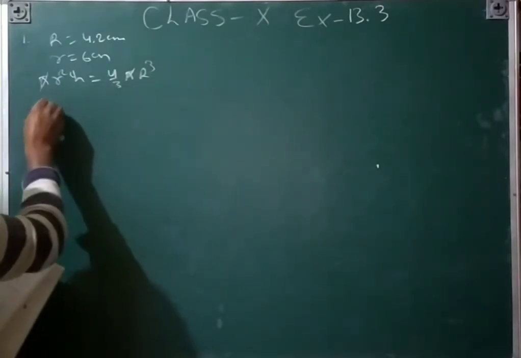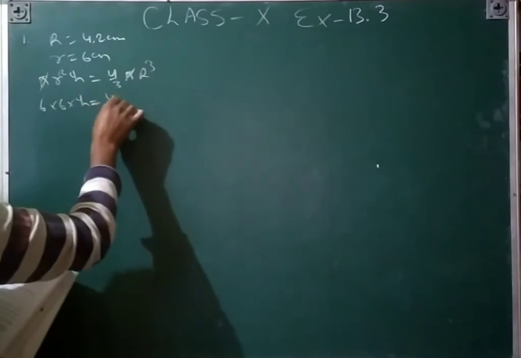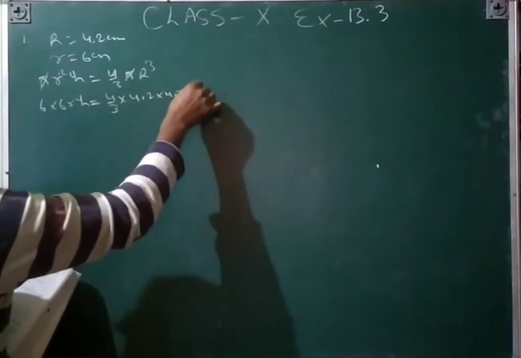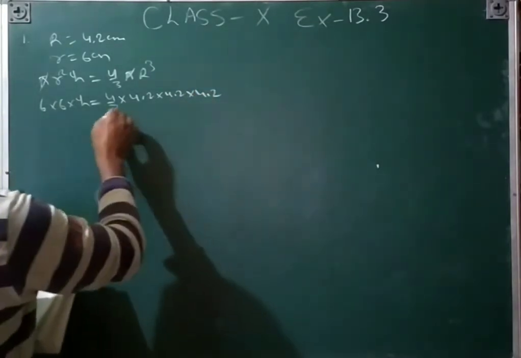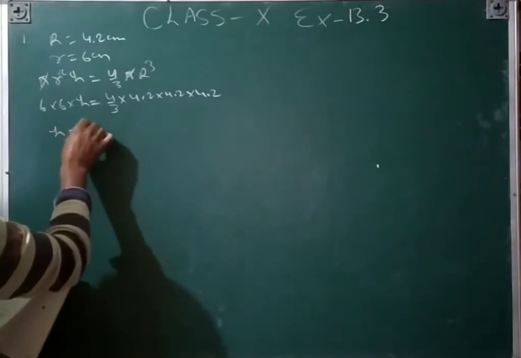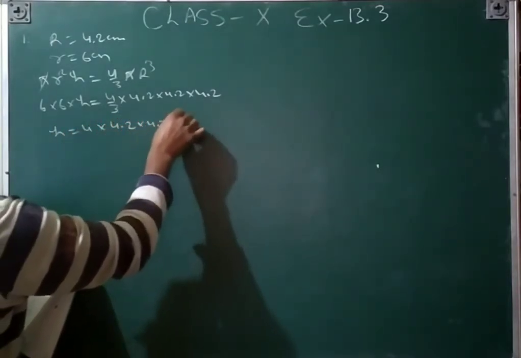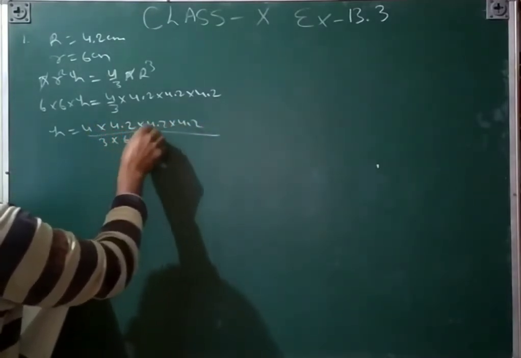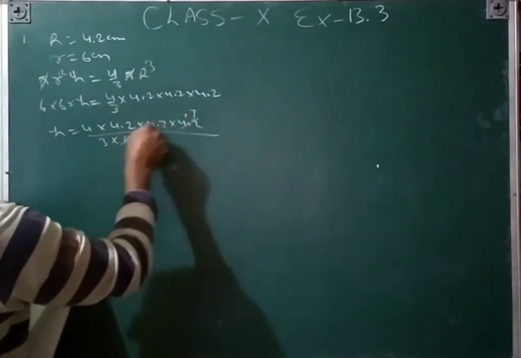So 6 into 6 into h is equal to 4 upon 3 into 4.2 into 4.2 into 4.2. So h is equal to 4 into 4.2 into 4.2 into 4.2 upon 3 into 6 into 6.